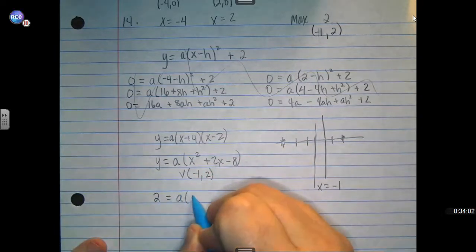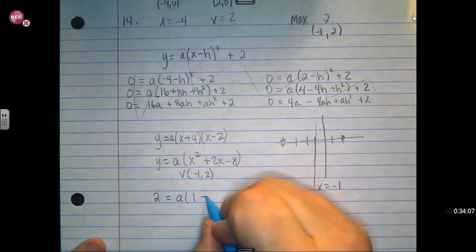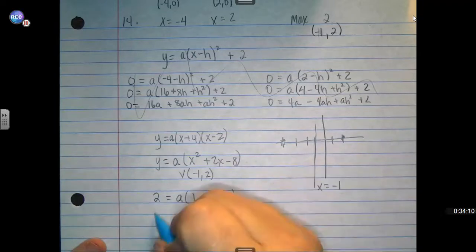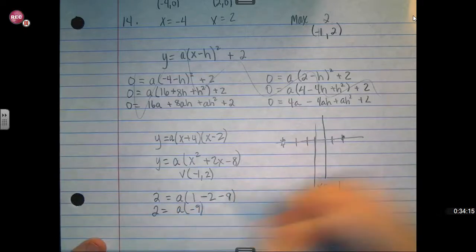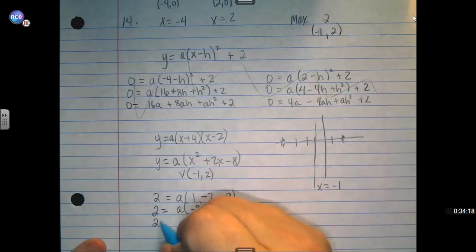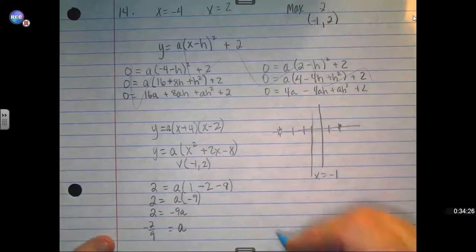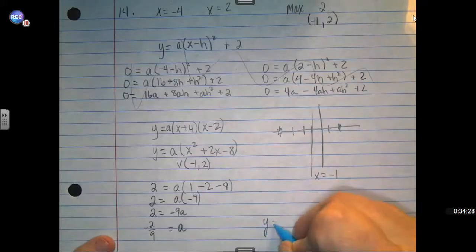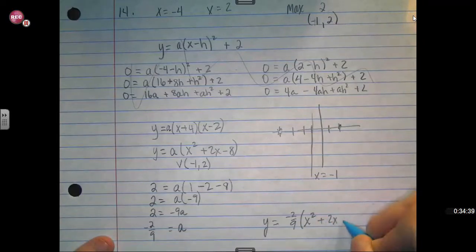So -1 squared plus 2 times -1 should be -2 minus 8. So 2 equals a times -9, or 2 equals -9a. So a is -2/9. So our answer is y equals -2/9 times the quantity x squared plus 2x minus 8.